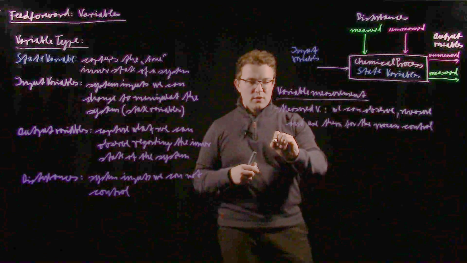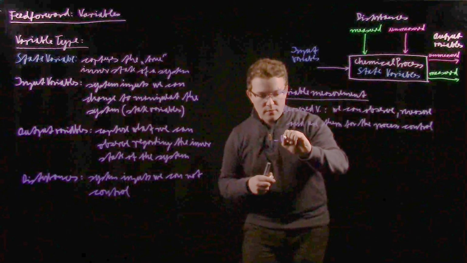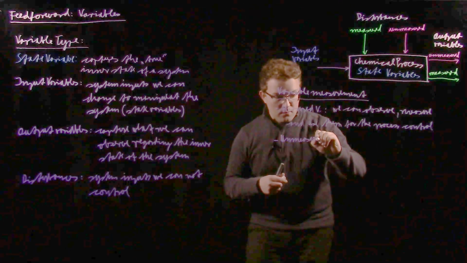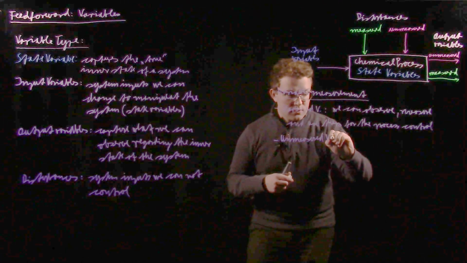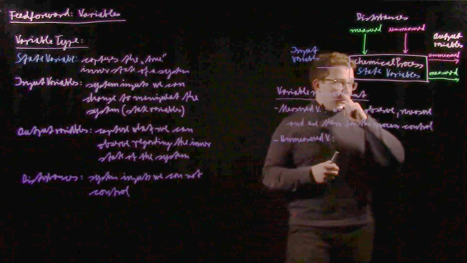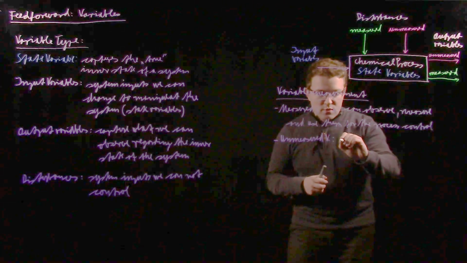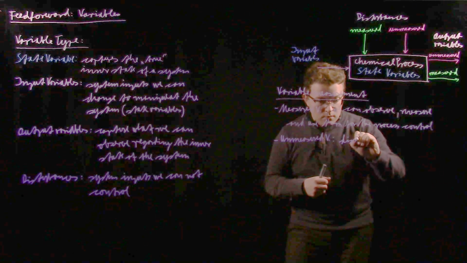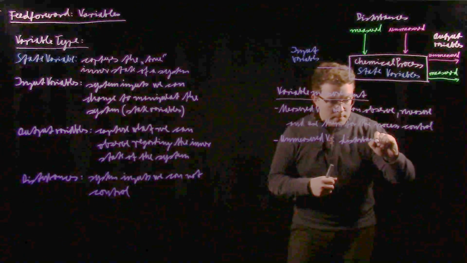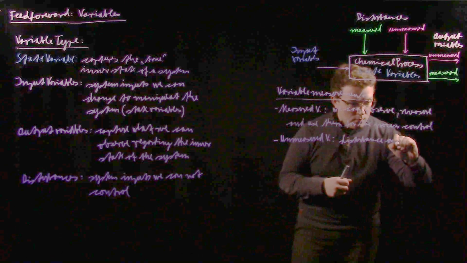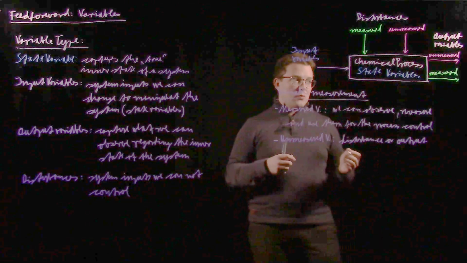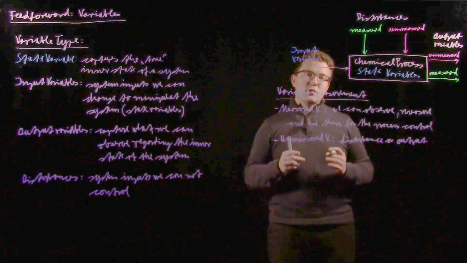So we can note here that an unmeasured variable is a disturbance or output which we cannot measure, or we are measuring it too slowly.